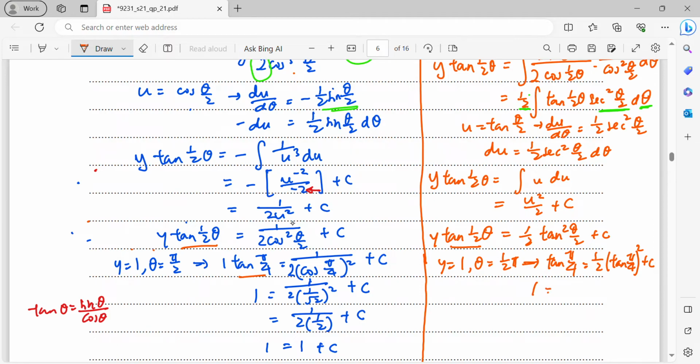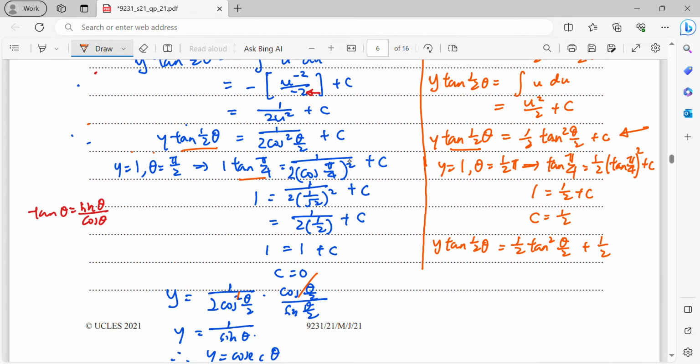So it means 1 equals to half plus c. Therefore, my c is half. Then substitute back into this expression: y tangent half theta equals to half tangent squared half theta plus half.